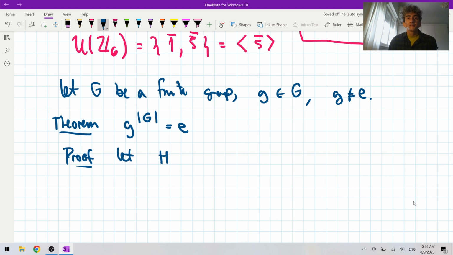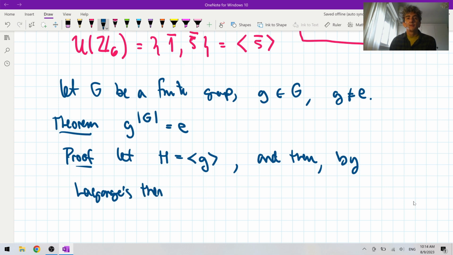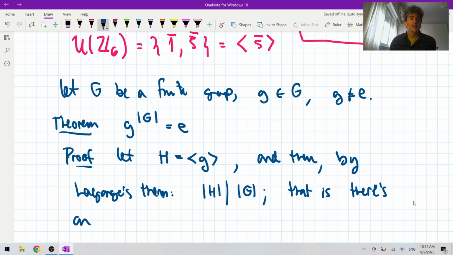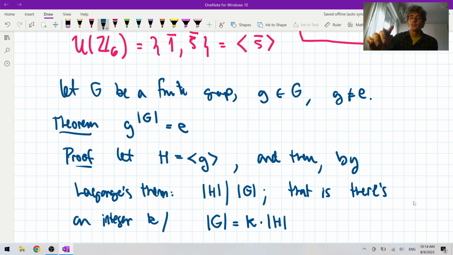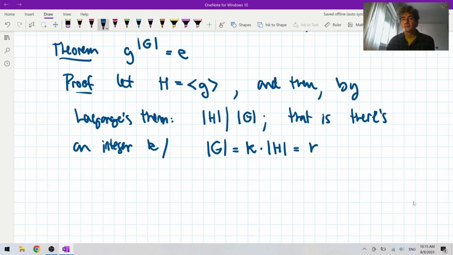Let H be the subgroup generated by g, and then by Lagrange's theorem, we know that the order of H divides the order of G. That is, there's an integer k such that the number of elements of G equals k times the number of elements of H. So this means that this is k times the order of g, because by definition the number of elements of H is actually the order of g.